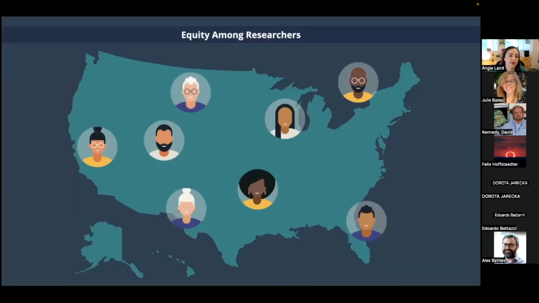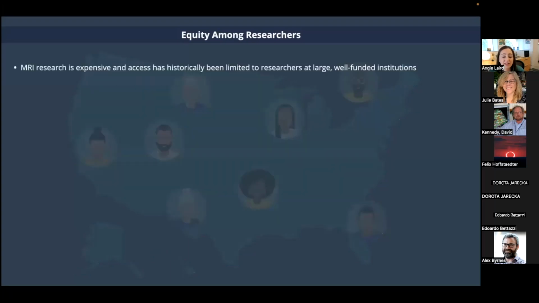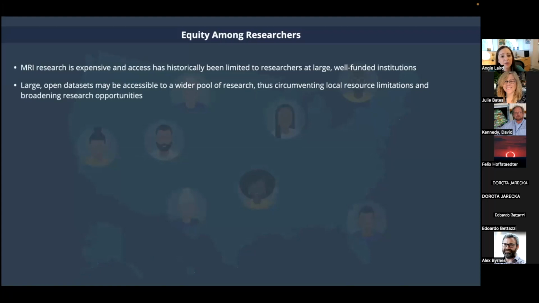So next I want to transition a little bit and talk more about our neuroimaging research community. As you all know, MRI research is expensive, and historically, your institution's ability to purchase and maintain access to an MRI scanner determined whether or not you could participate in analyzing fMRI data to study brain function and organization. But the advent of large open data sets has ushered in a new era for us all.